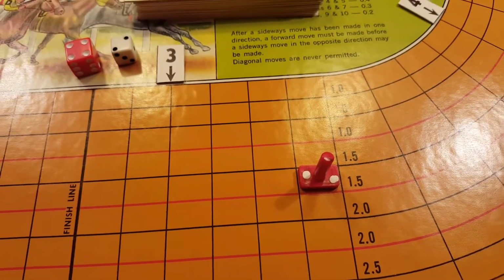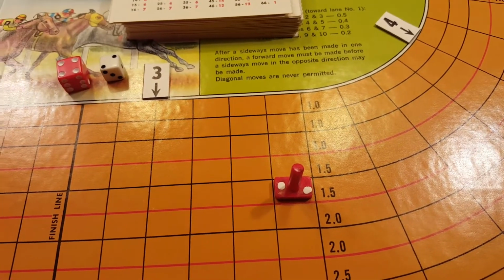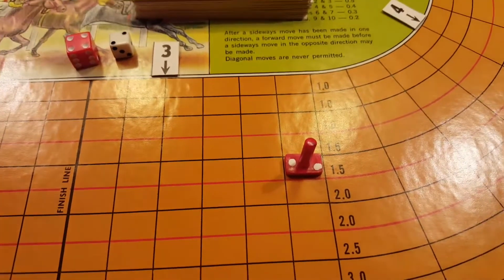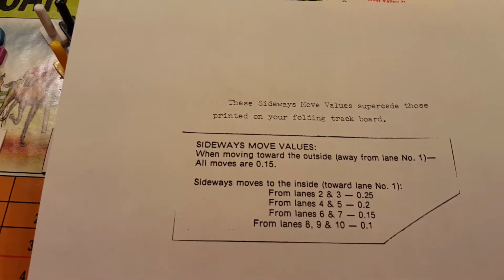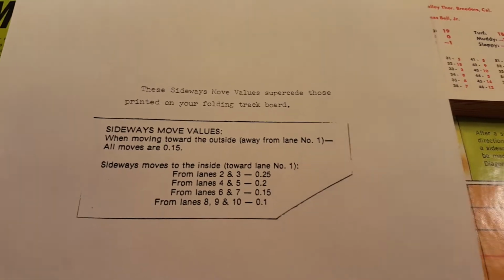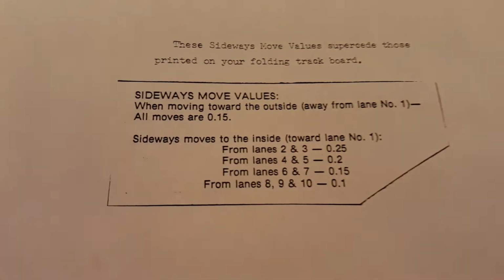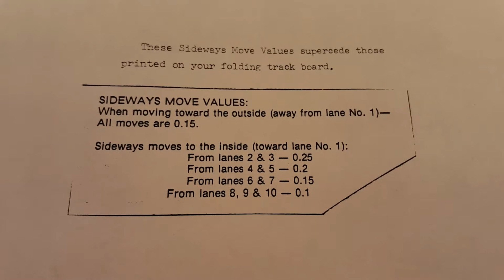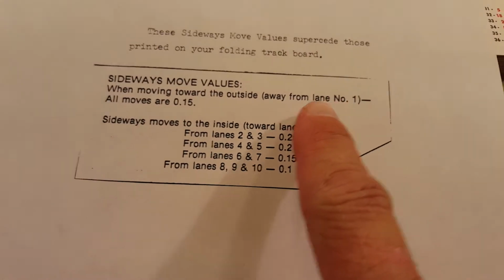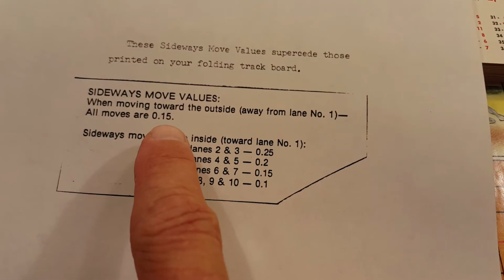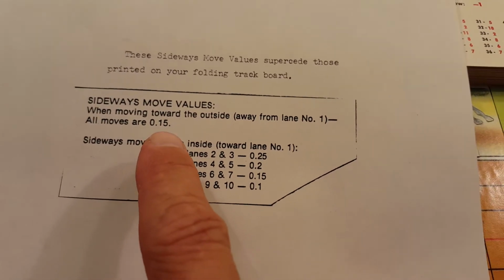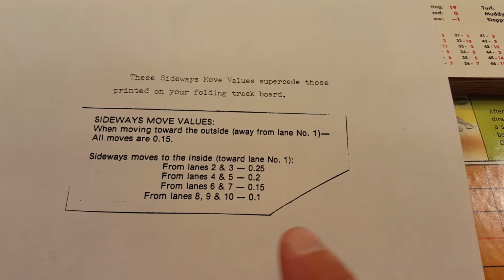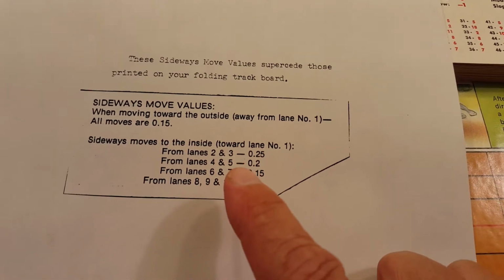Now I showed you in the box the movement from side to side. There's no diagonal moving in this game. You cannot move diagonally. It's just side to side. If you're moving out away from lane 1, everything is 1.5 tenths, so if you move 2 spaces, that's going to be 3 tenths. Sideways towards lane 1, it depends.